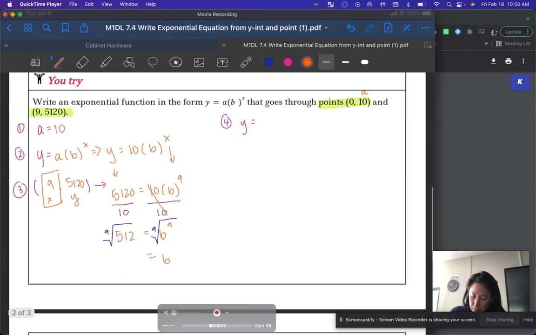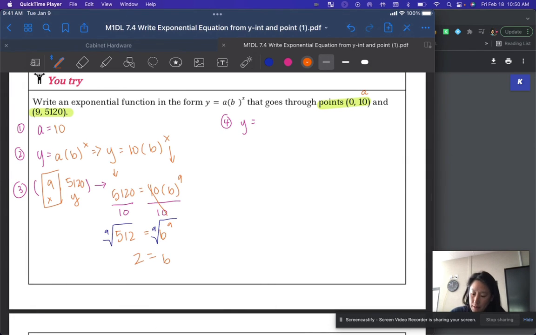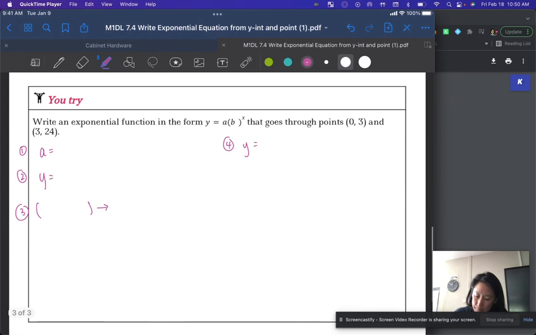B is equal to, the 9th root of 512 is 2. So we go ahead and write in our equation, our a was 10 and our b is 2. So I have 10 times 2 to the x power. Remember, this is in the form a times b to the x. Here's our solution.